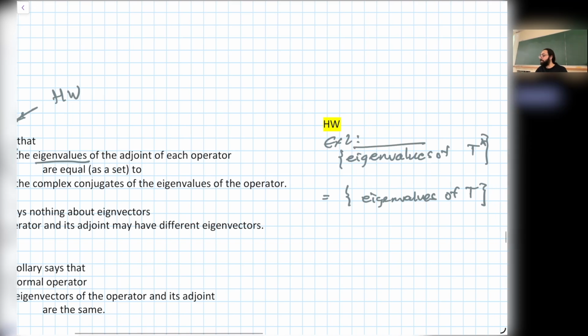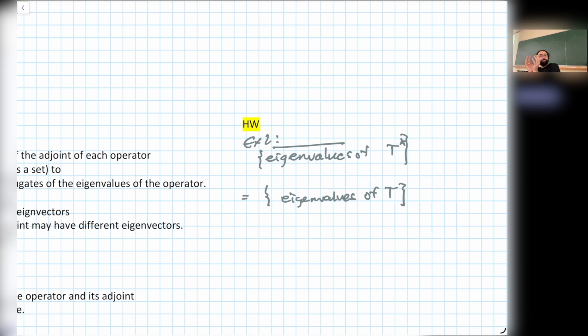That's the statement. Okay. So you take the operator T, you look at its eigenvalues, you get some set. You look at the operator T star, you look at its eigenvalues, and you take their complex conjugate. These sets are going to be the same. Is the statement clear? Okay.